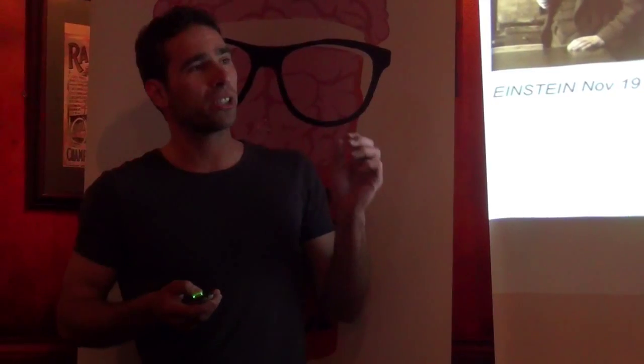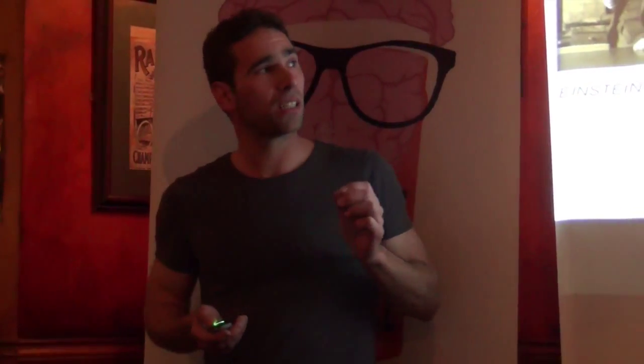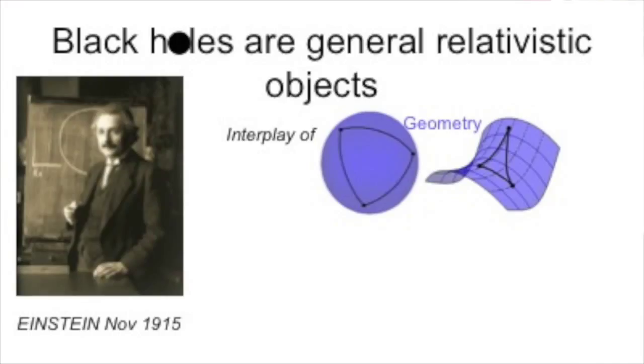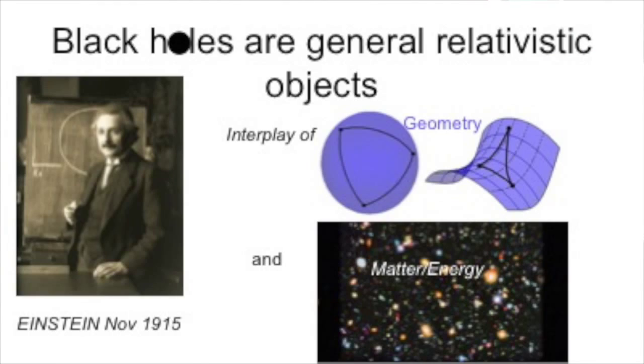What general relativity does, essentially, is take two different entities and put them together. So it is a theory that describes the interplay between the geometry of space-time. We're not going to talk about space or time separately anymore, it's space-time. It describes the interplay of the geometry of space-time and objects contained in it, more specifically the matter-energy content of the space-time.